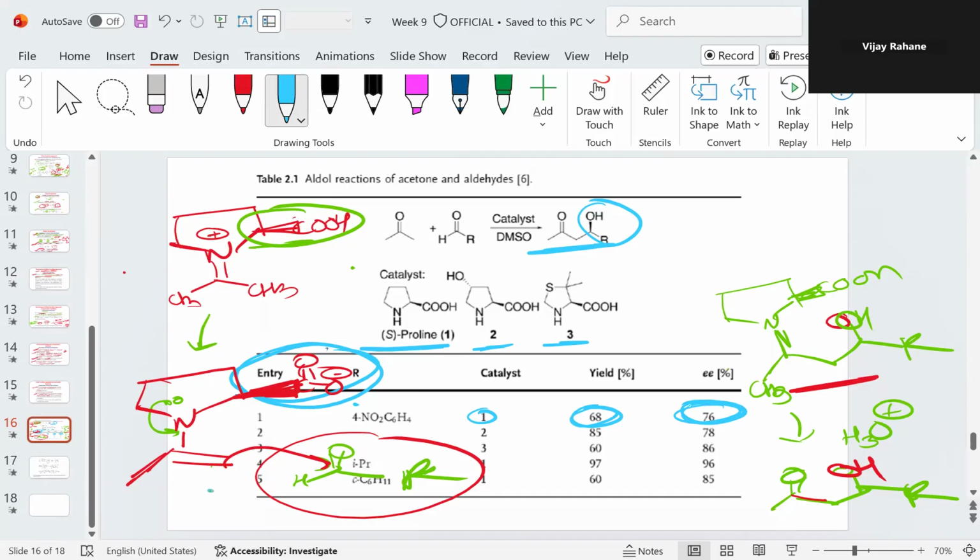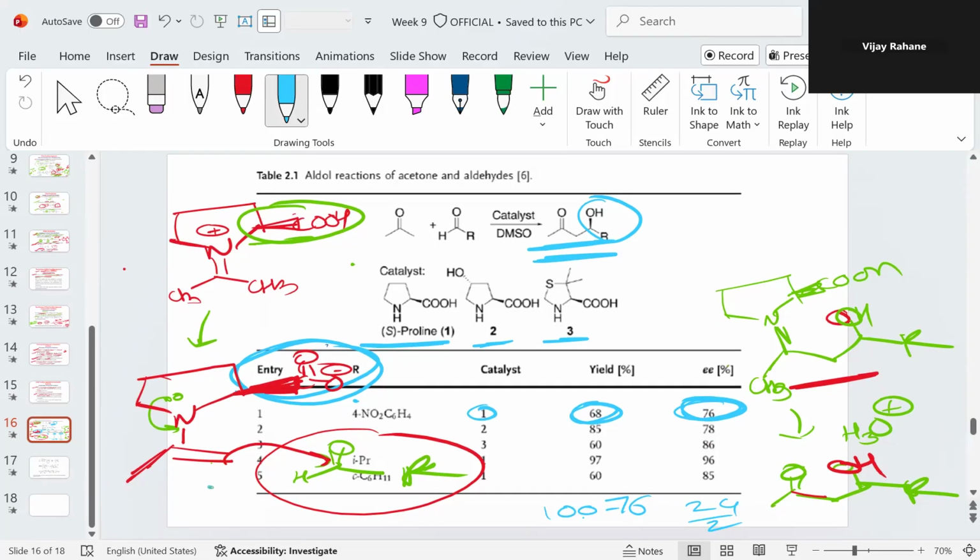So how much percent of this isomer is formed? If you do the back calculation, 100 minus 76 is 24, so 12, so 76 plus 12, so 88% of the formed product is this isomer, plus 12% of the other isomer.